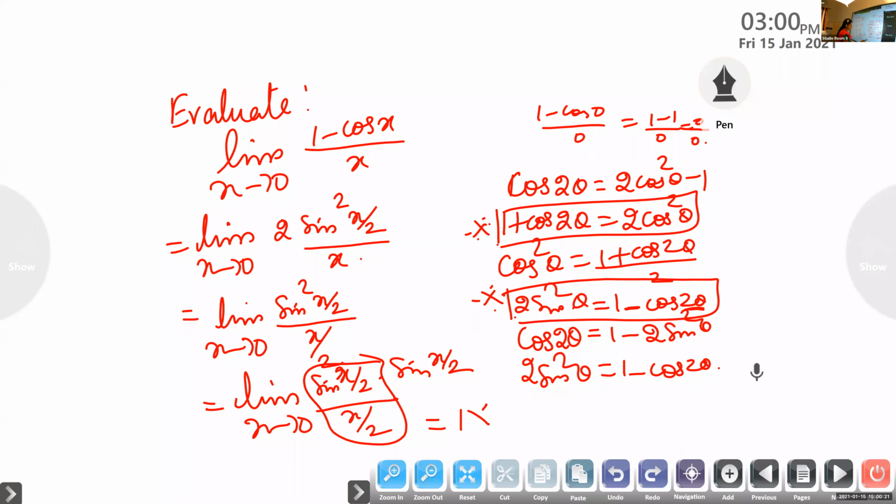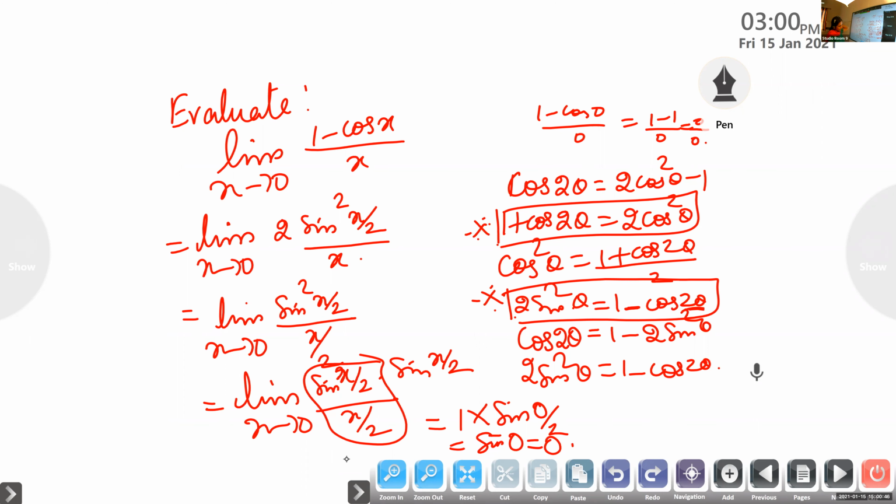So 1 into sine 0 by 2. What is sine 0? Sine 0 is 0. So this is how we are getting this answer. Limit theta tending to 0, sine theta by theta, that one will become 1 into, in the place of x, if I put 0, it is sine 0. Initially it is in the 0 by 0 form.